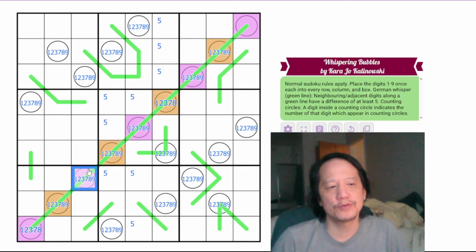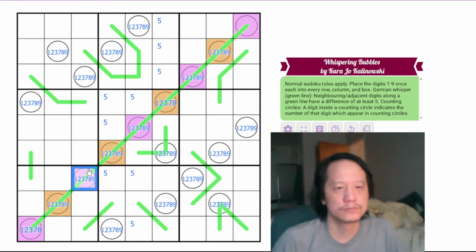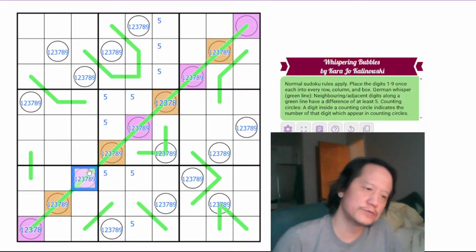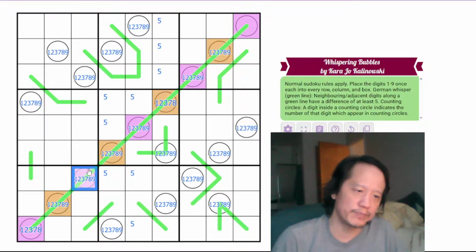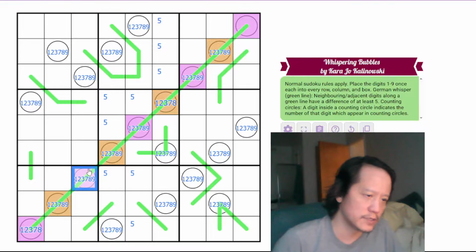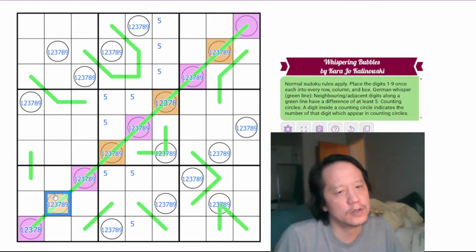Where could 3 be on that line then? 3 cannot be in between 2 unique digits on the whisper line. So 3 could not be here. It could be here. It cannot be. So 3 could not be here, here, or here, if that were the case. But I think that's still okay, right?